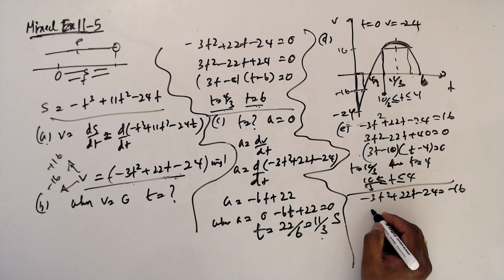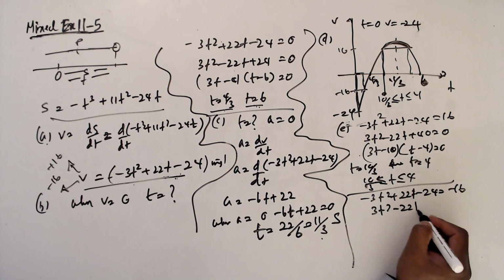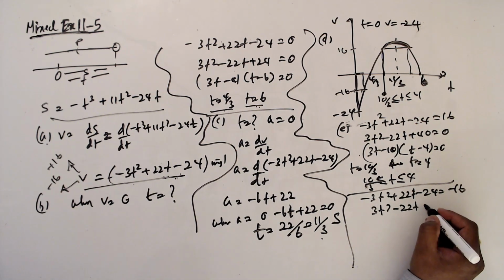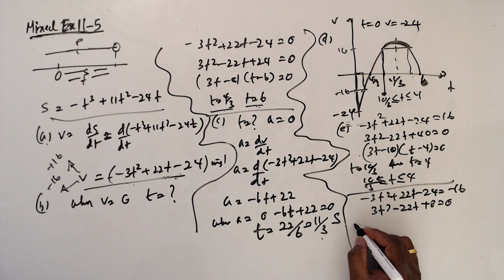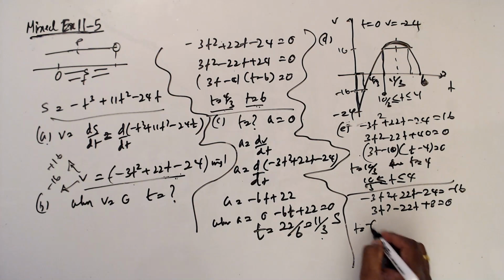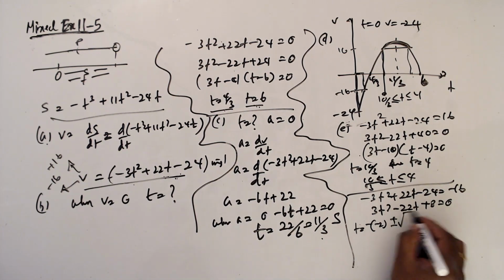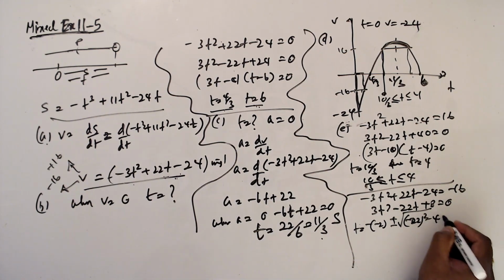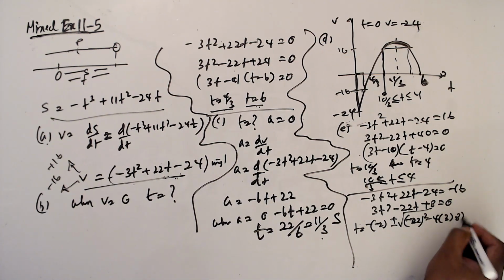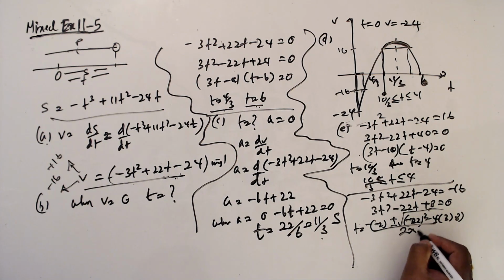Then we will get 3t square minus 22t plus 8 equals 0. Then t equals minus b plus or minus square root of b square minus 4ac over 2a, with b equal to minus 22.